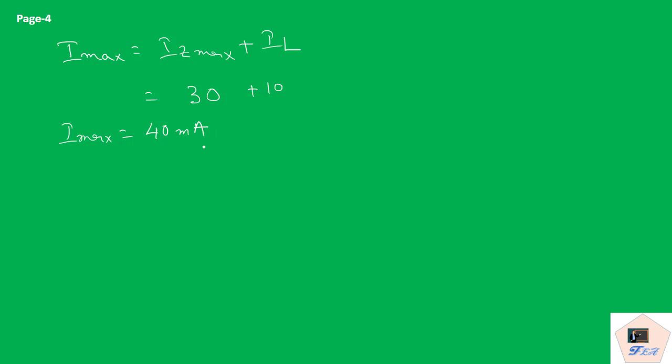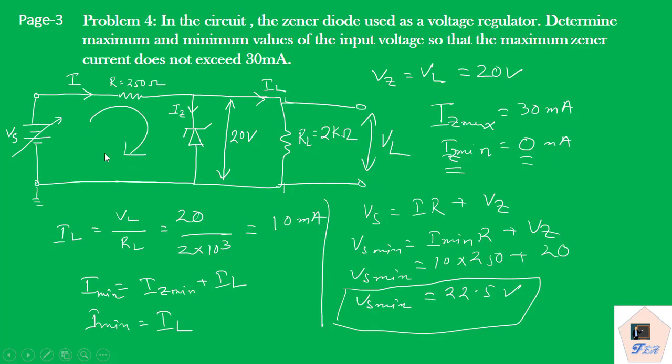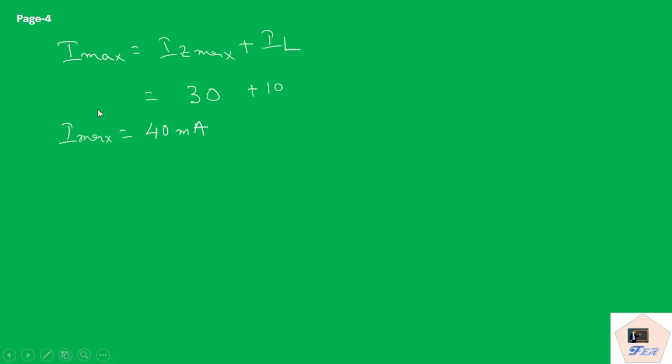Now similarly, if we apply KVL here, we can write Vs is equal to I max into R plus Vz.